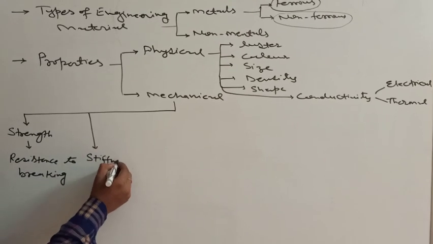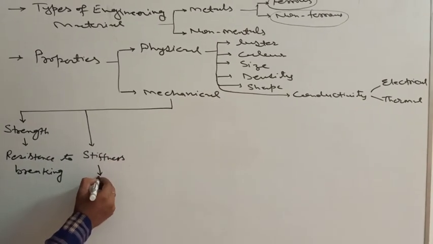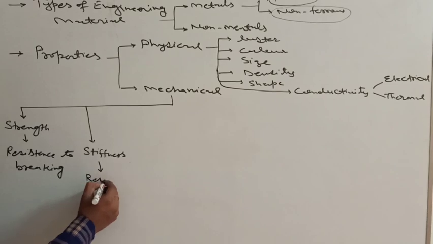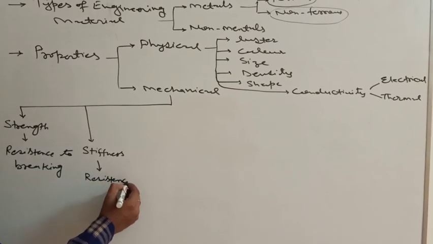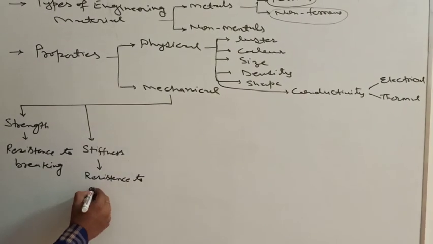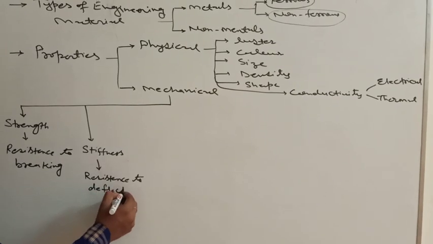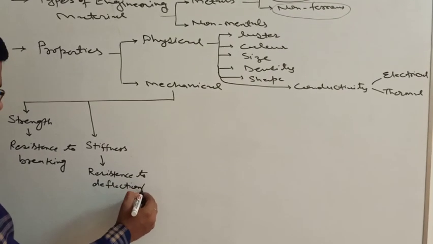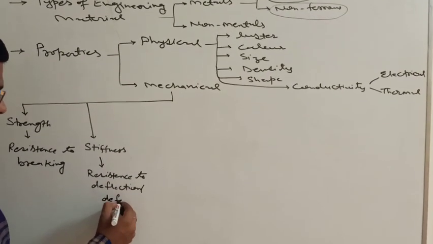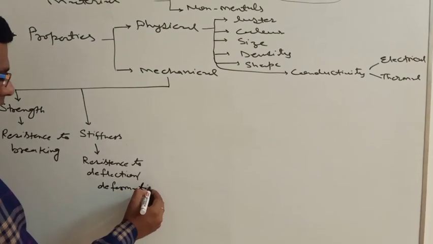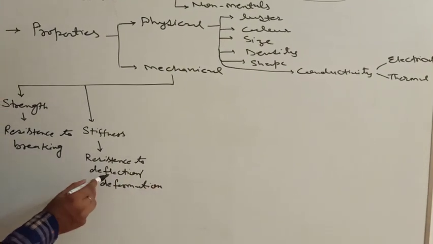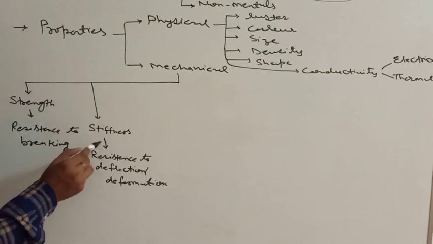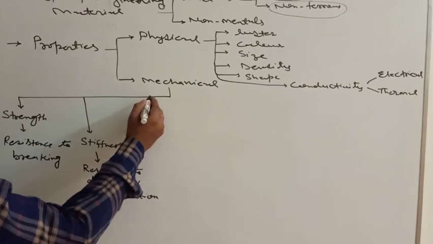Stiffness is defined as resistance to deflection, or deformation. If a material has a resistance to deflection or deformation, then it is known as stiffness.